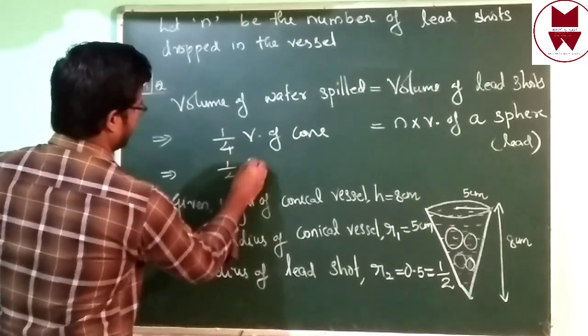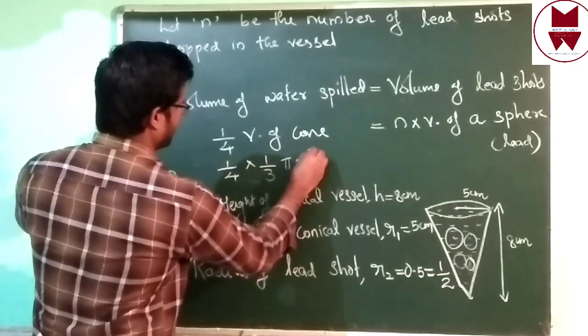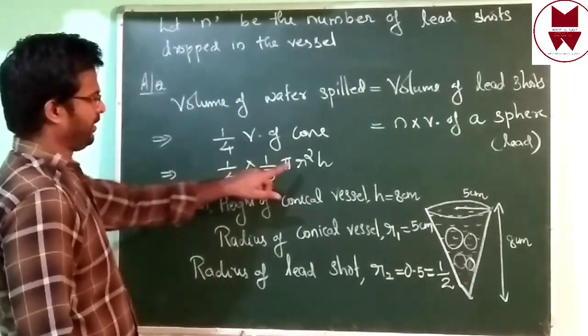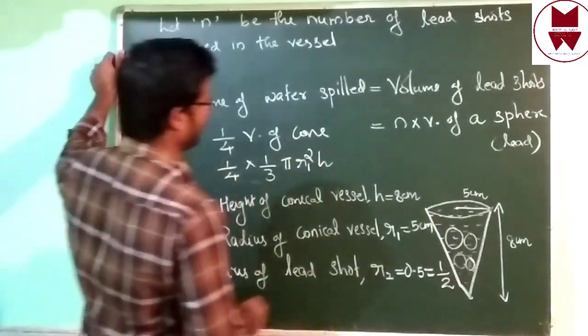1/4 into volume of cone, which is 1/3 pi r square h, with r as R1, the radius of the cone, so R1 square h.